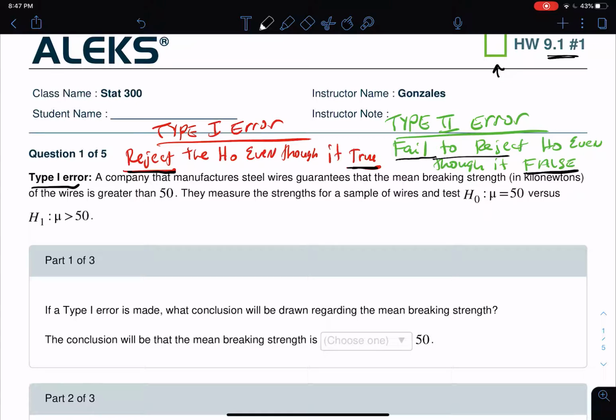Okay, so let's see what's going on here. It says a company that manufactures steel wires guarantees that the mean breaking strength in kilonewtons of the wires is greater than 50. They measure the strengths from a sample of wires and test the null, H0, that it is equal to 50 versus its alternate says that the mean breaking point is greater than 50.